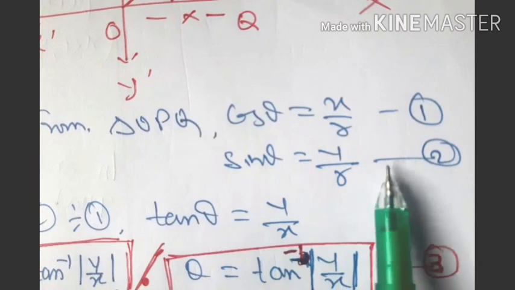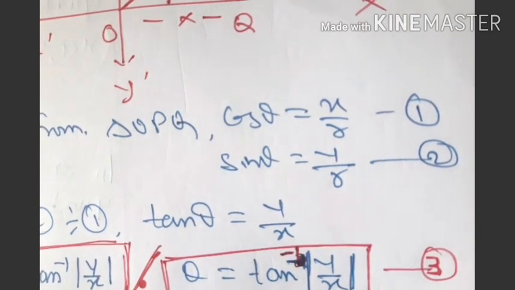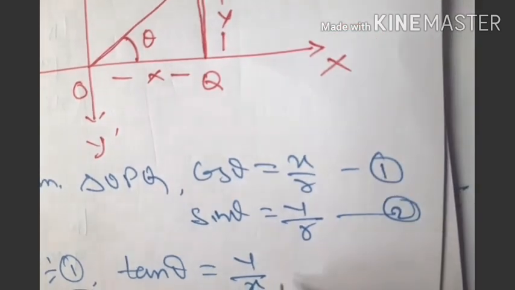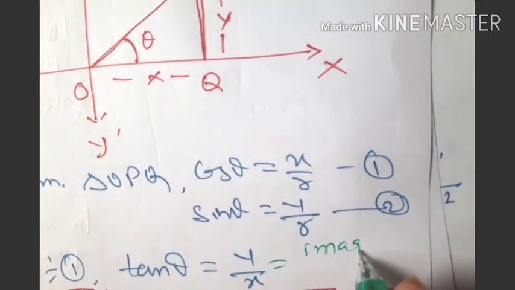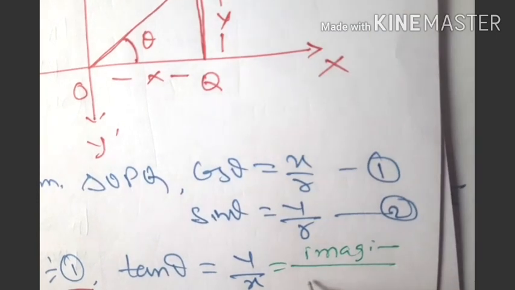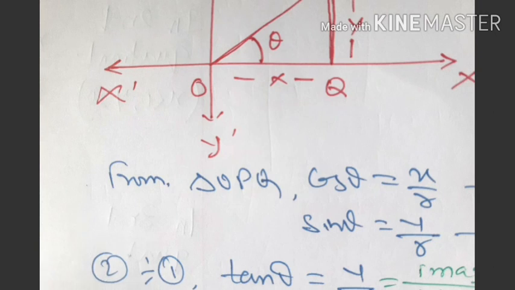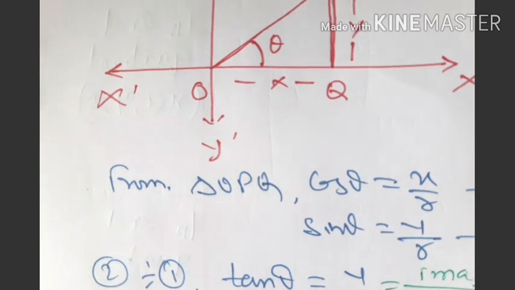Now if you divide sin by cos, you will get tan theta. Tan theta equals y by x. Y means the imaginary part, and x means nothing but the real part. So by using this process you can get the argument.